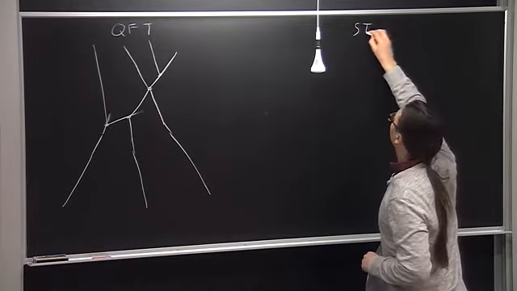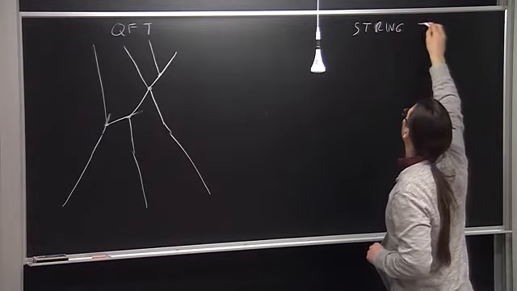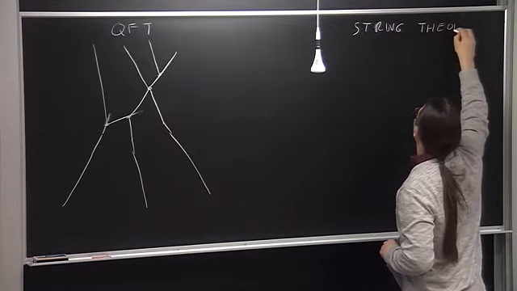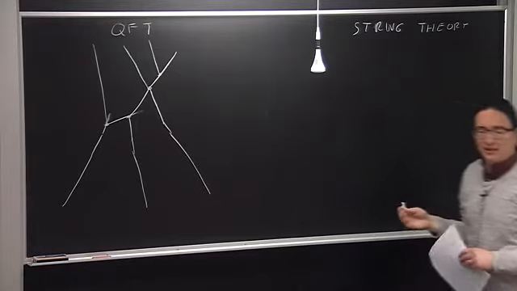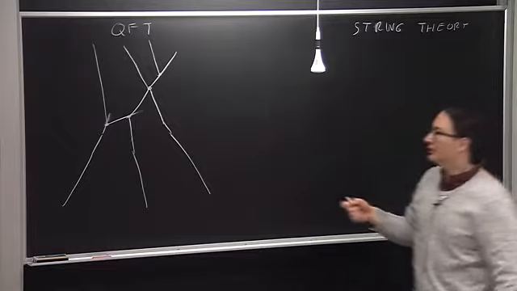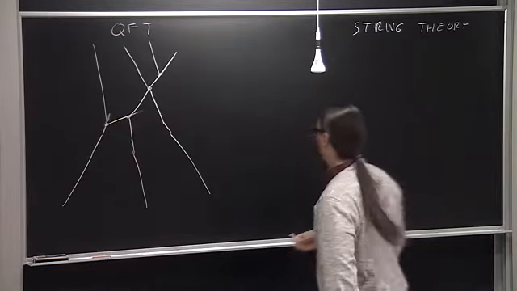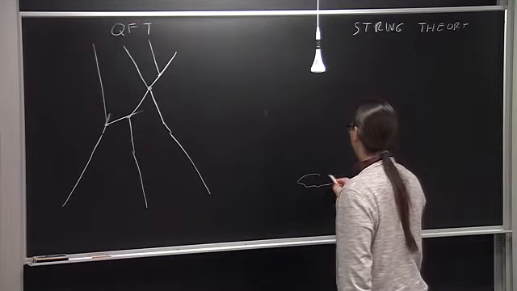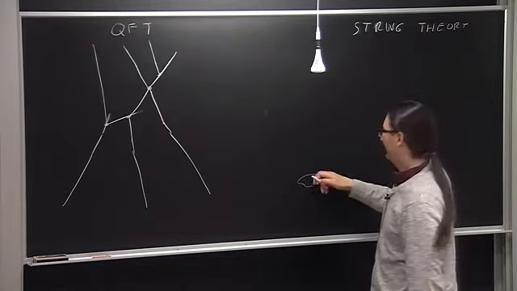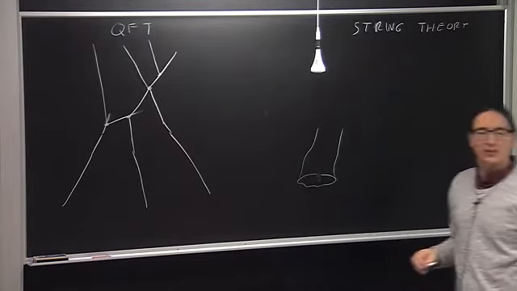In string theory, you would like to write something very similar, except that the basic particles are replaced by strings. So instead of having a point-like object that describes a line in space-time, you want an object which has one dimension in space and describes a tube, a worldsheet in space-time.